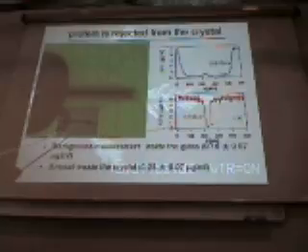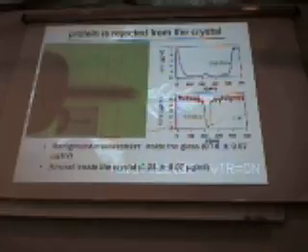So the crystal is this kind of, and we are looking in this direction. Maybe that is the effect of the prism effect. And the laser beam is reflected.